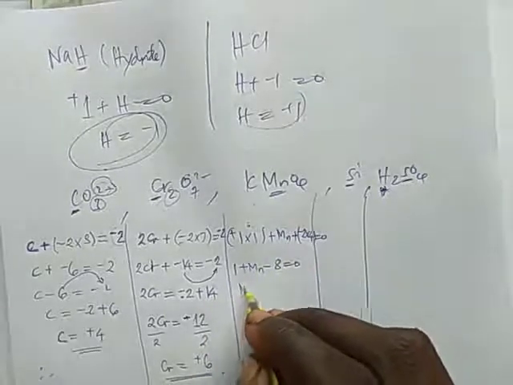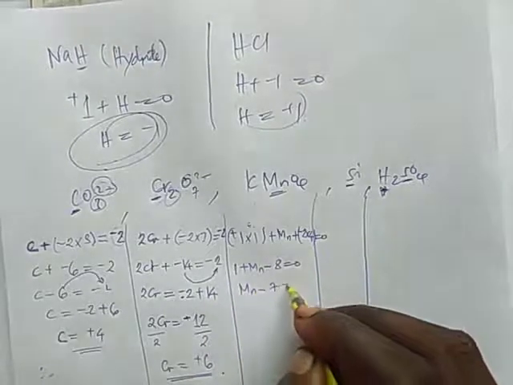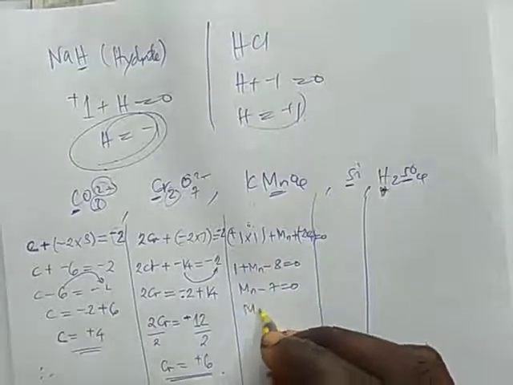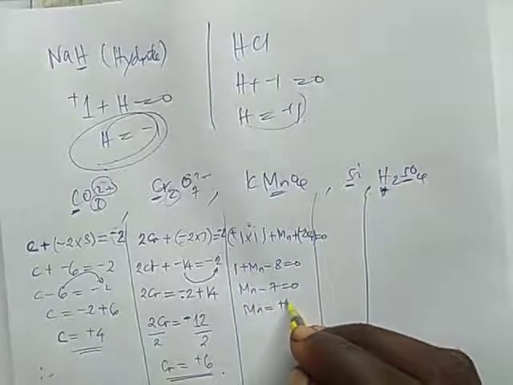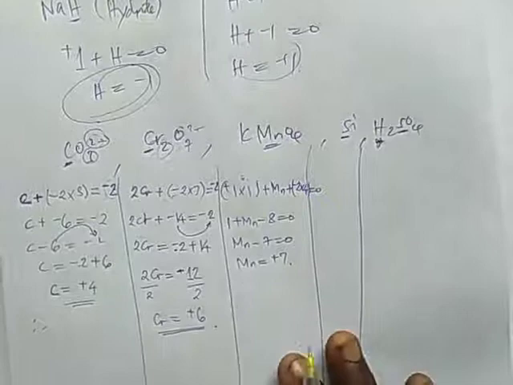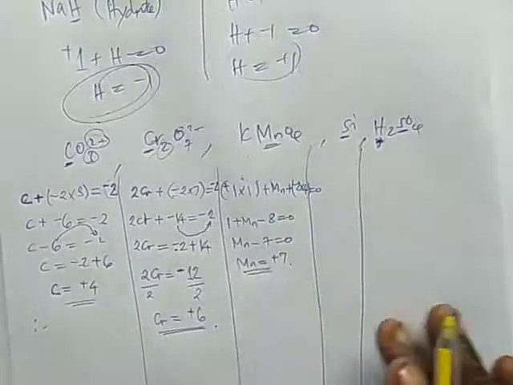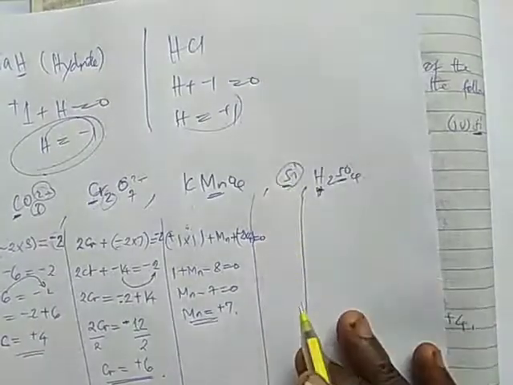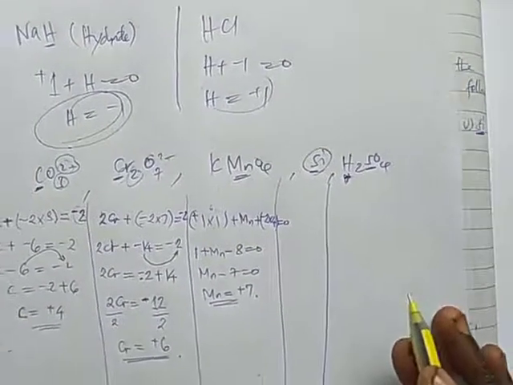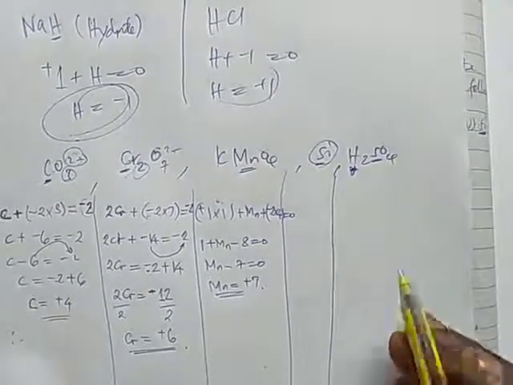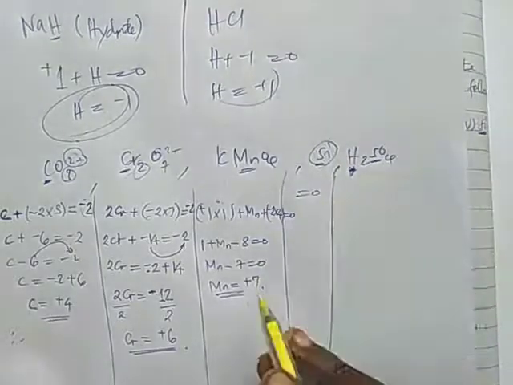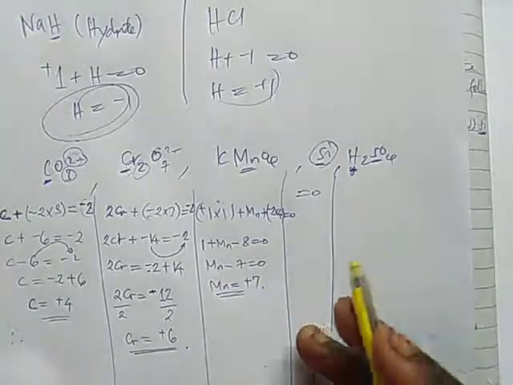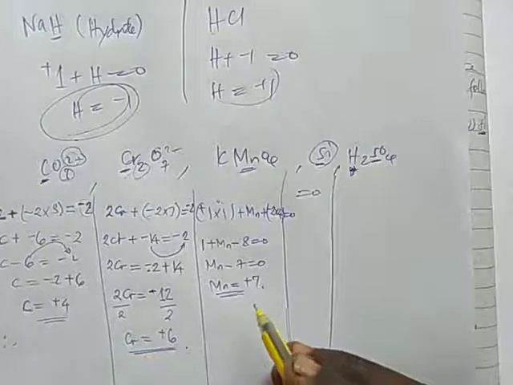So that means manganese minus 7 is equal to 0. Manganese is equal to +7. This will be the oxidation state of manganese in this case. Silicon akiwa peke yake, remember we said the oxidation state of neutral element is 0. So hapo oxidation yake ni 0. Kwa sababu gani? Oxidation state of neutral element is 0.